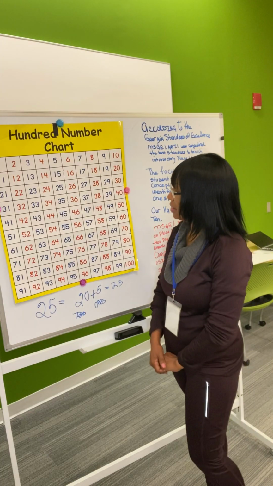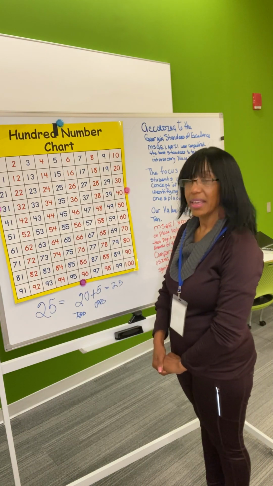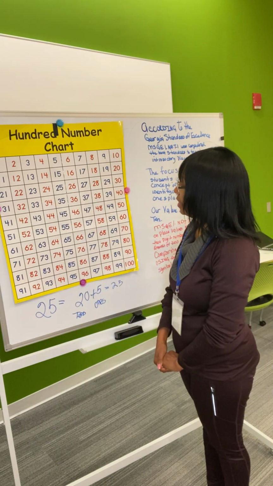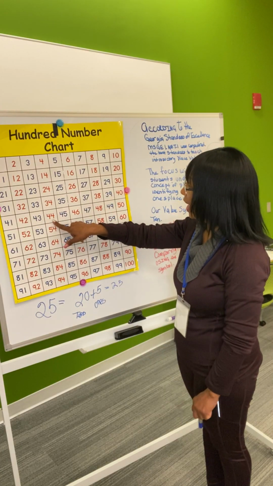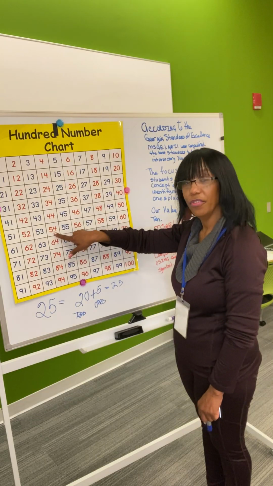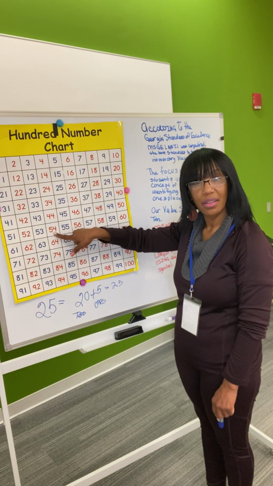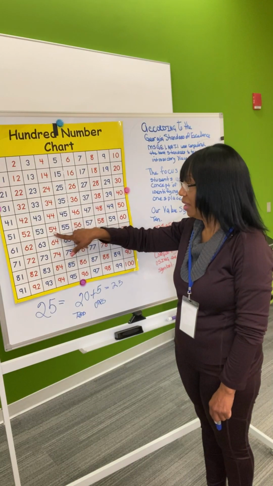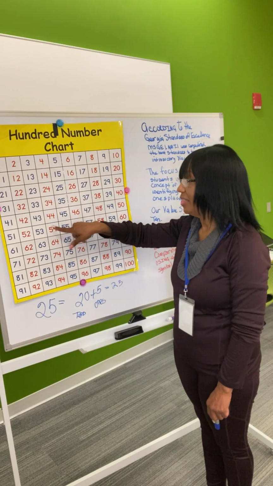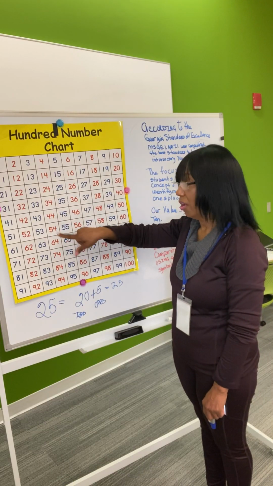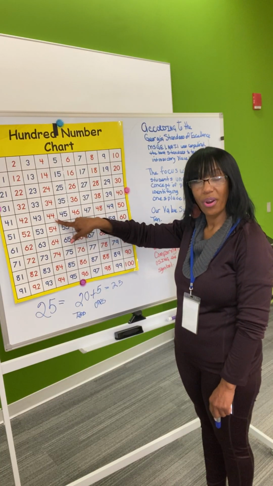So I could ask a student to come to the numbers chart, and I could give them a number and say, this is the number 44, and this is the number 54. Which is the greater number and why? Anticipated answer would be the 5 has more tens than the 4. Therefore, 54 is larger than 44.